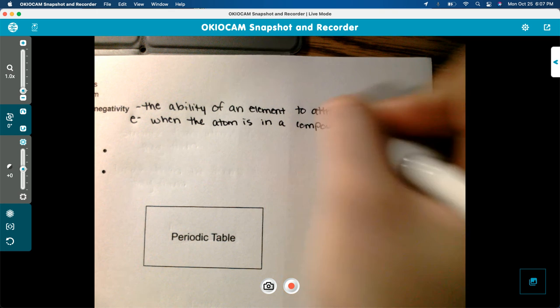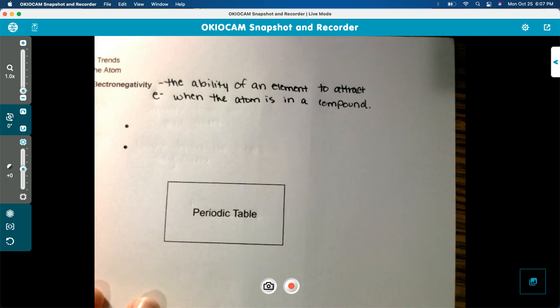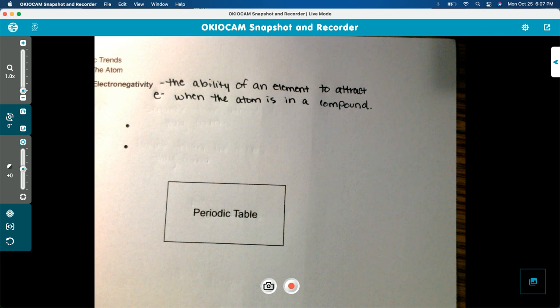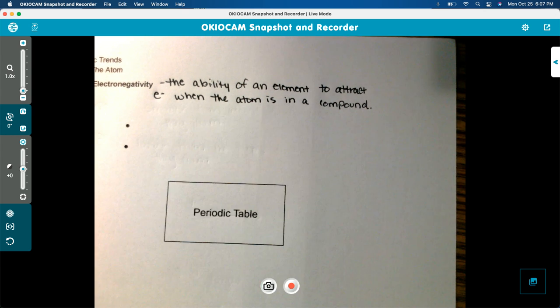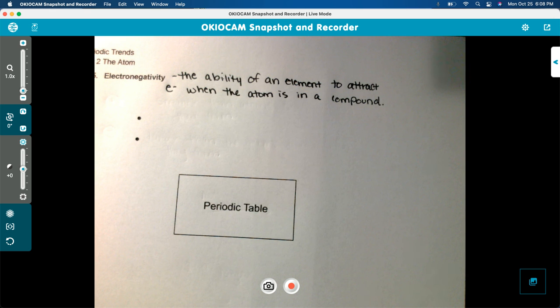We'll learn more about electronegativity and go into greater detail when we learn about compounds and polarity, because it's going to play a great deal with that.